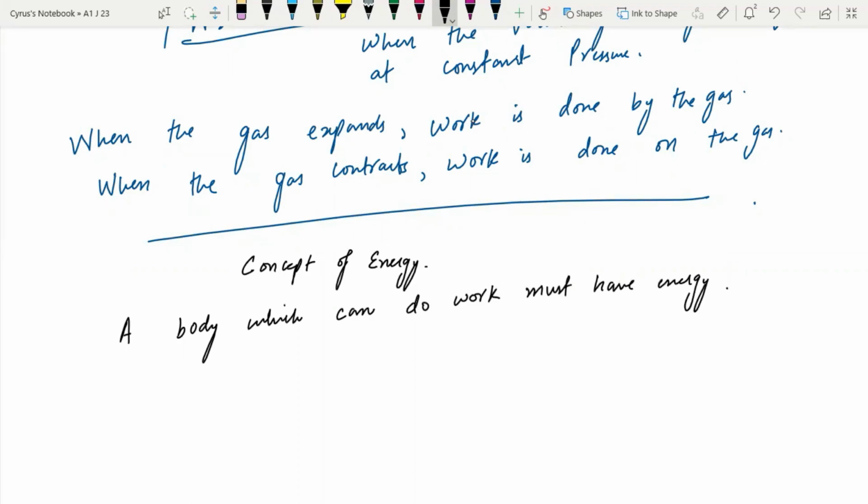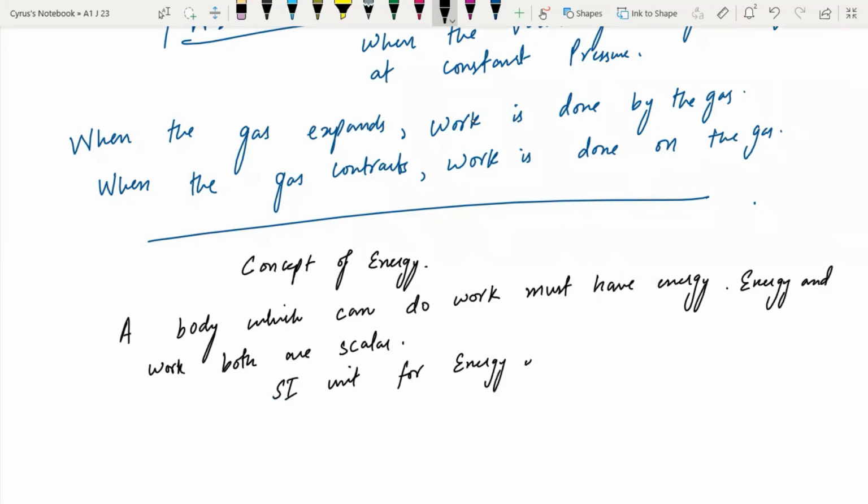And you should know that energy and work both are scalar. SI unit for energy is what? Is joule.